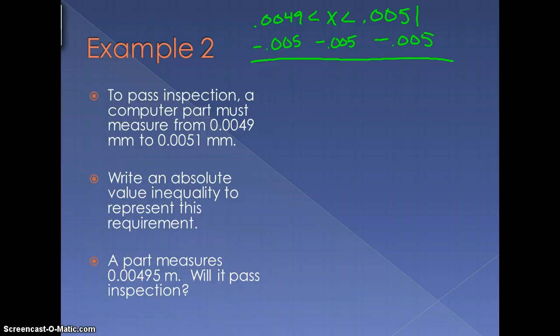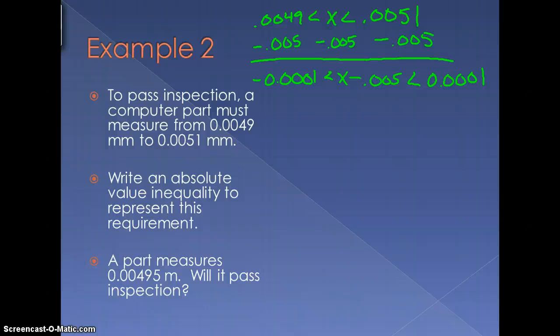What we end up getting on the left side is negative 0.0001 is less than x minus 0.005 is less than positive 0.0001. Again, we have the same thing on both ends, just one positive and one negative. So this looks like an absolute value inequality.